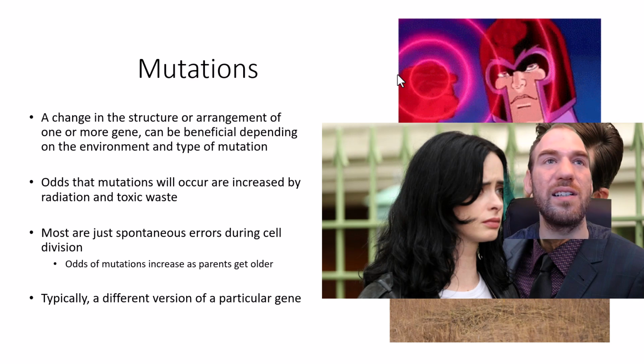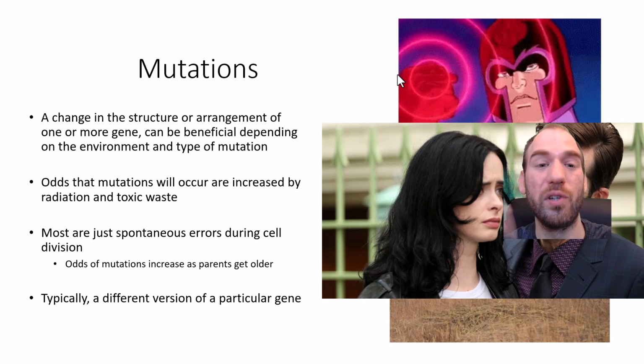You see this in nuclear fallout zones, or where there's a lot of industrial runoff, where animals will interact with it and then have abnormalities that grow, and you can see them physically, not just tumors, but literally changes in their genetics. But typically, mutations occur just by a spontaneous error through replication processes.